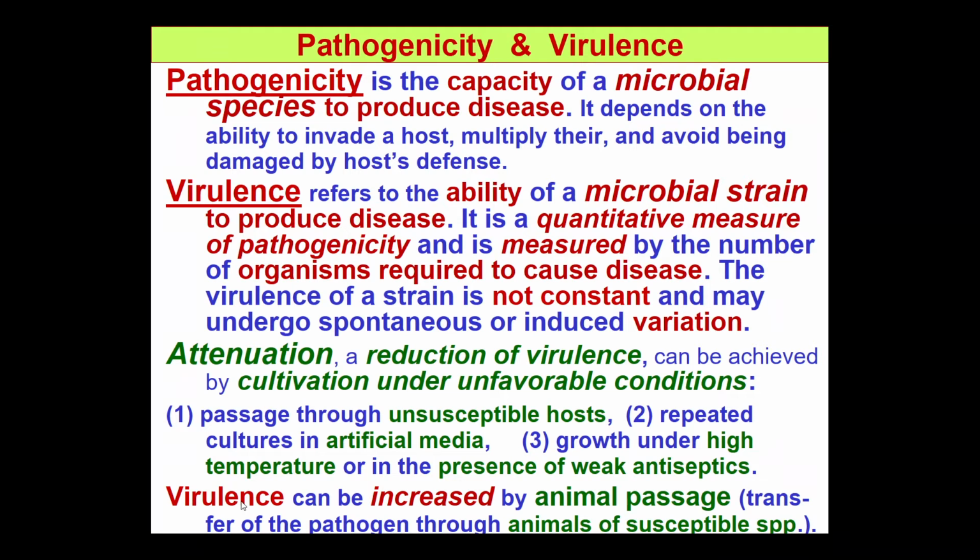What about enhancement of the virulence? Virulence of certain strains may be increased by animal passages. For example, transfer of the pathogen through animals of a susceptible species. It means passages through new hosts in some conditions may cause attenuation, in others may cause enhancement of the virulence.